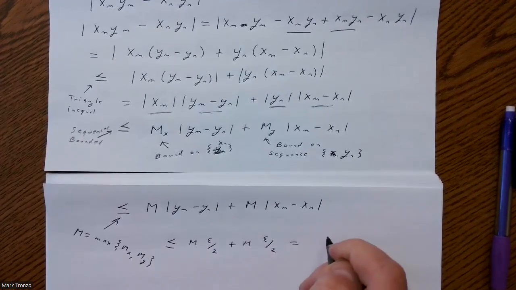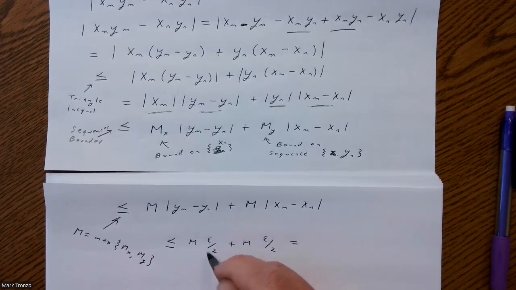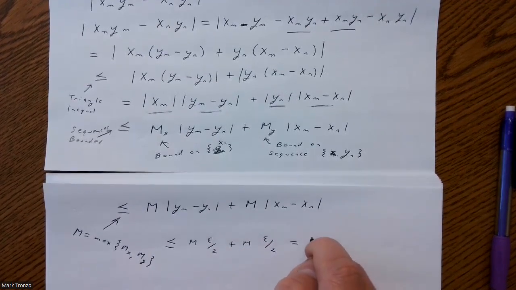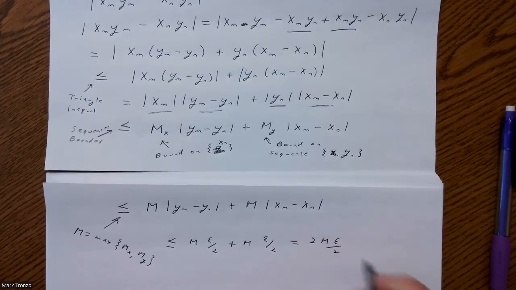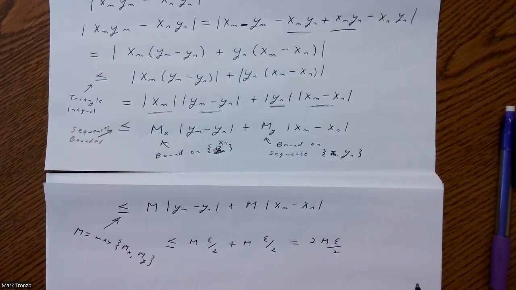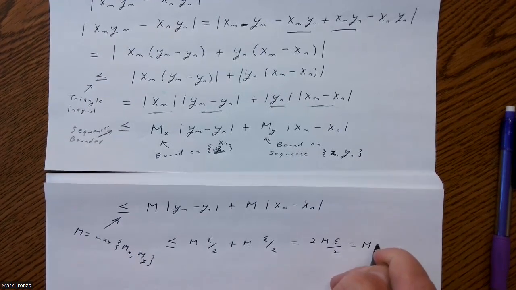And that's going to be equal to, so this is going to be 2M over epsilon over 2. Did I do that right? I guess that's right. Equals epsilon.